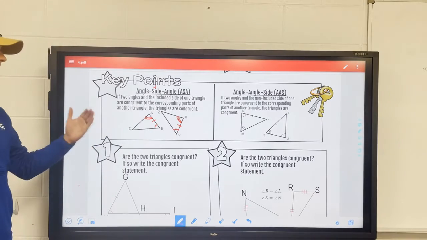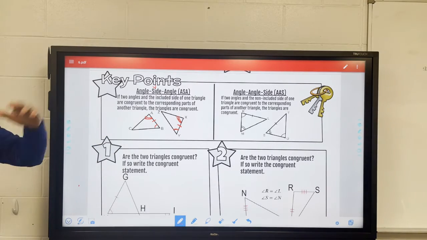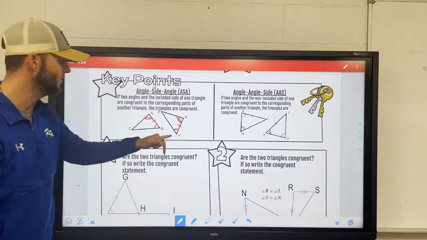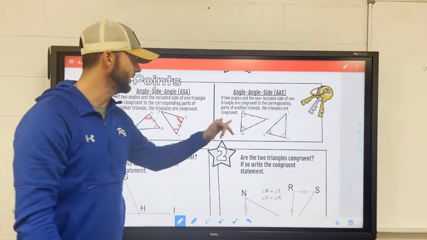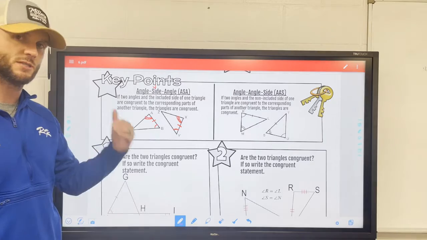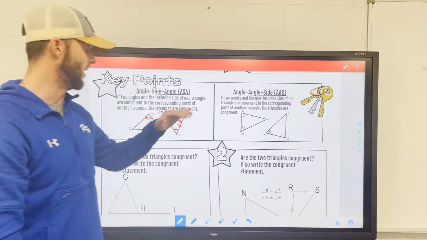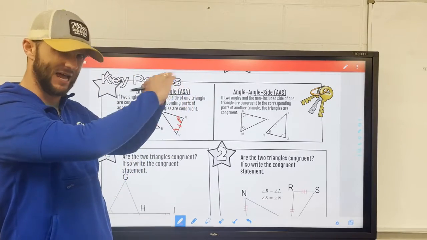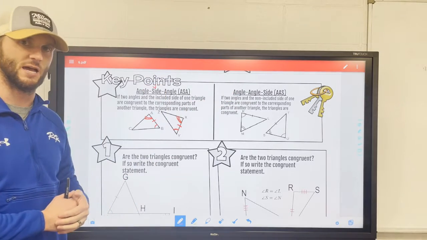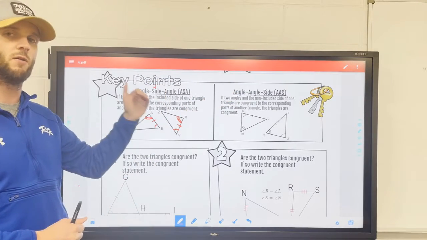Then you would write the congruent statement off of the congruent parts. So again, angle, side, angle. Now the next one is going to be angle, angle, side. I'm following two angles that are congruent to each other, and then the third side has to be the congruent side, and we need to follow that same pattern.